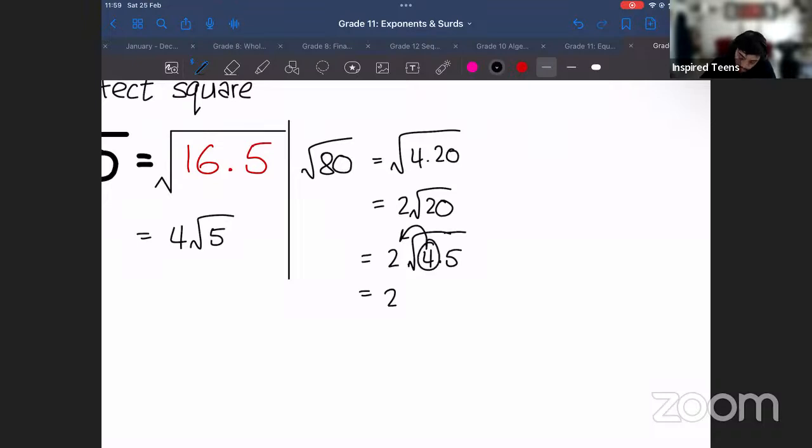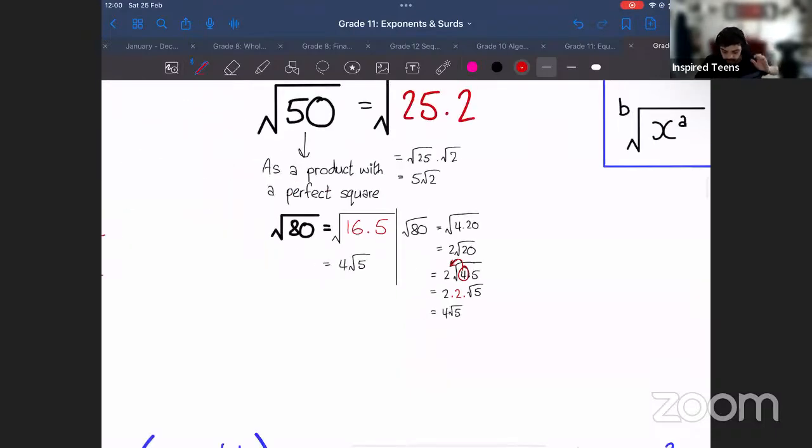Taking 4 out of the root makes it 2, and it's in multiplication. And then we're left with inside of the root, square root 5, which is now 4 square root 5. I hope that makes sense. When you take 4 out, it becomes 2. Okay, cool. So that's if you simplify.